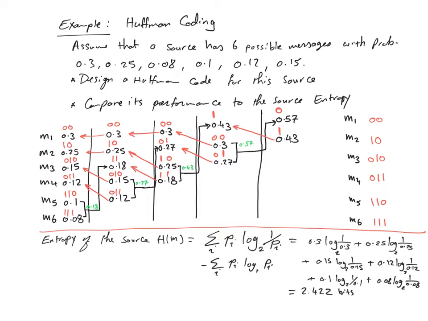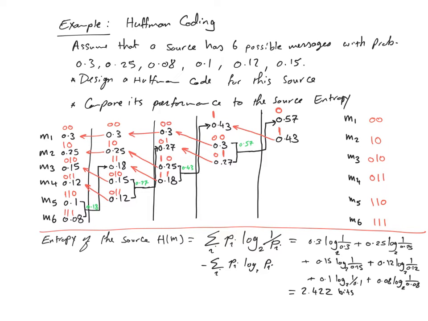This is an average value. That's why it's not an integer. It can be non-integer, right? So some messages, like what we see here in the Huffman, can be encoded with 2 bits, some with 3 bits. When you take the average, if it is optimal, it should be equal to 2.422, the entropy of the source.